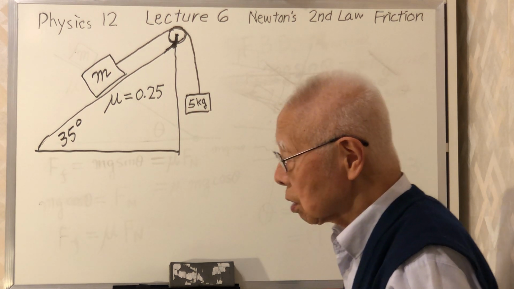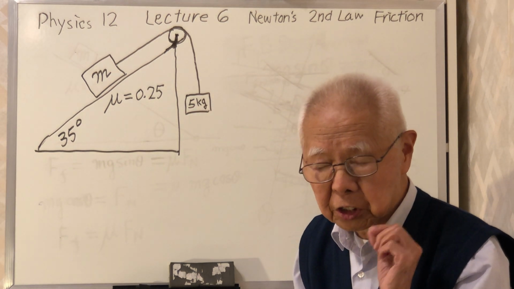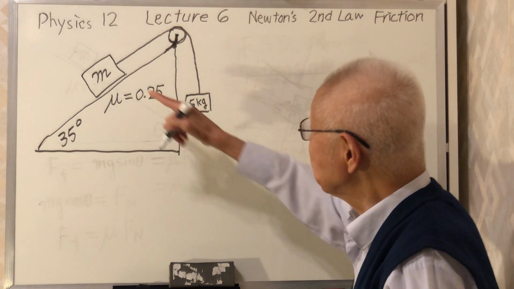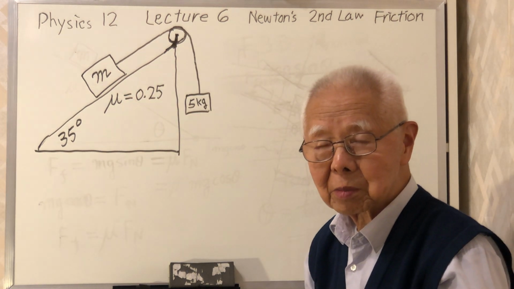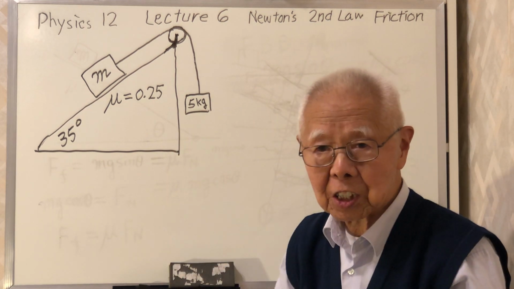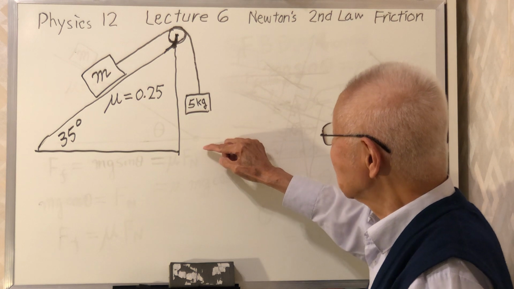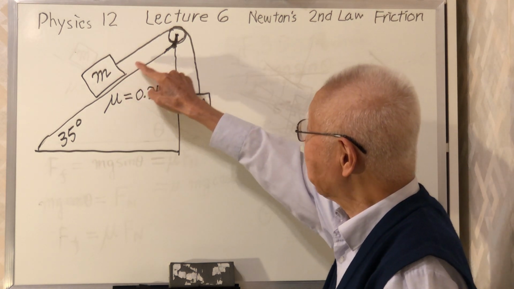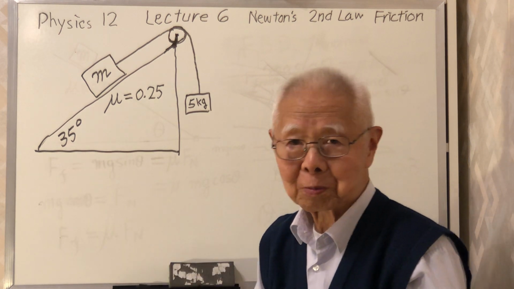Now listen. First, let's discuss the situation. If m is very small, it's not heavy, it's very light. If that is the case, then this will go down and this will go up because m is so small.